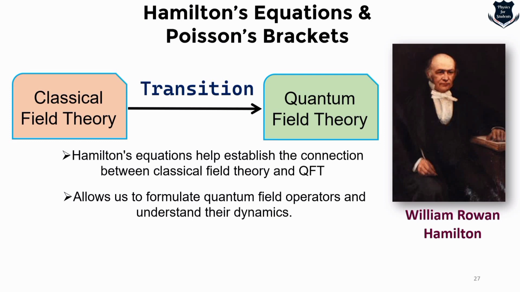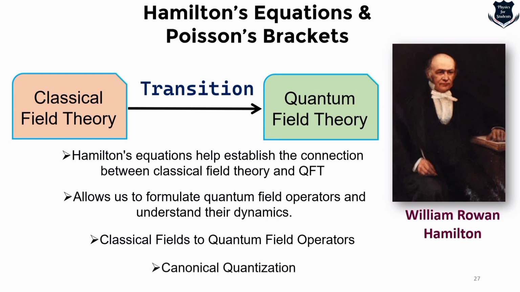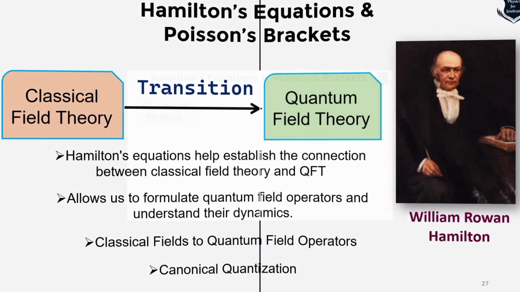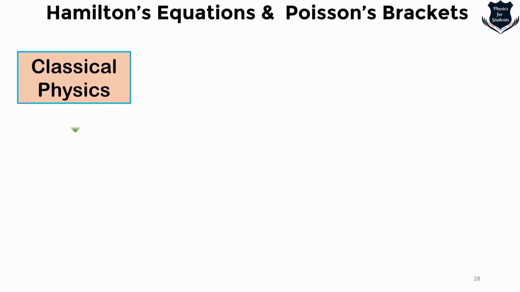Second, it allows us to formulate quantum field operators, because we just saw that observables are changed into operators. And this is how we do that, using the Hamiltonian equation. Also, these classical fields are being replaced by quantum field operators. So this is the importance, the link and the transition between classical field theory and quantum field theory. And we saw that it actually helps in canonical quantization.